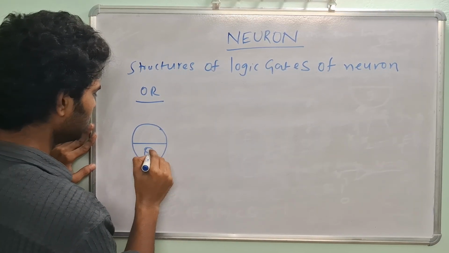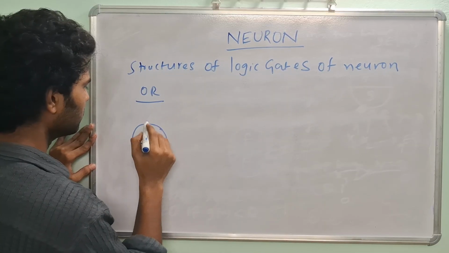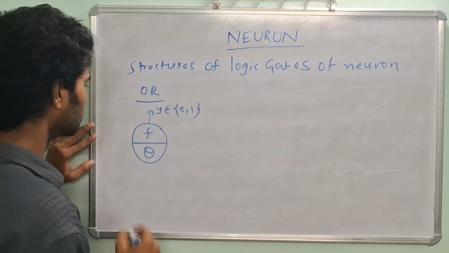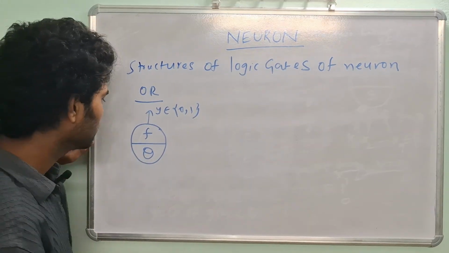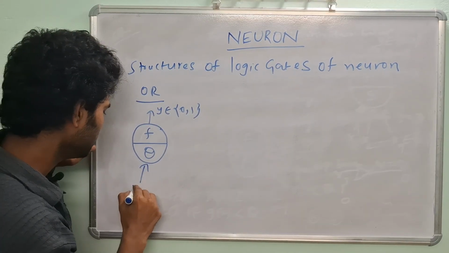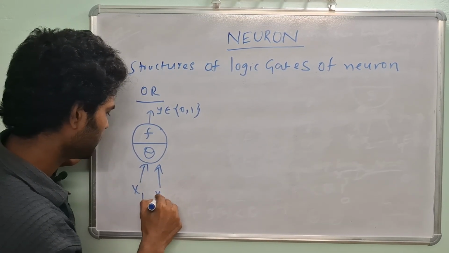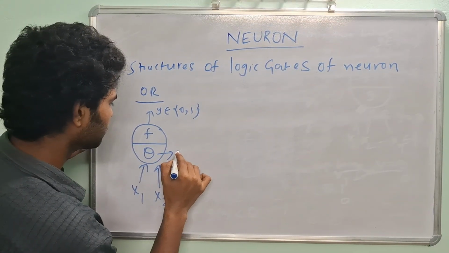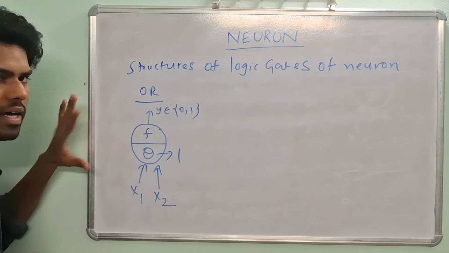This is the threshold value. This is a function. This is the output. Now we are using only two inputs here, x1 and x2. Here the threshold value is 1 in the OR gate.